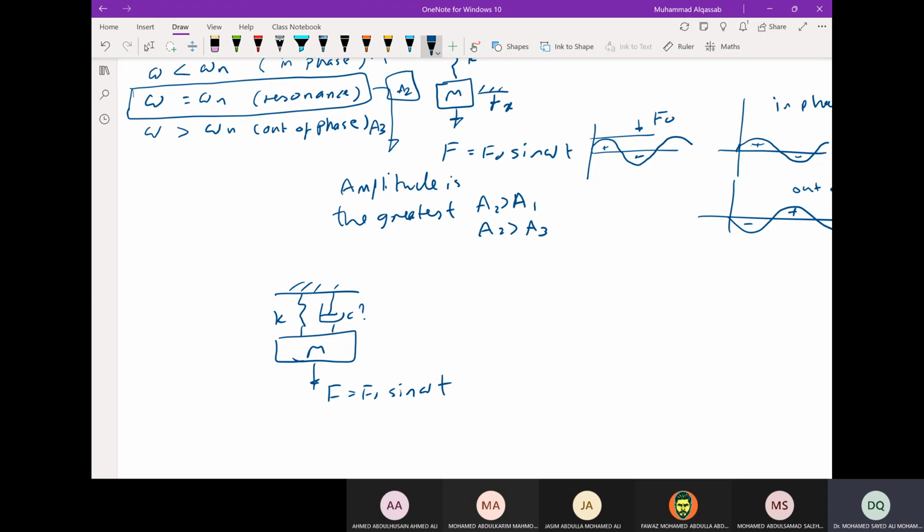This is one way, and this is called a damper. The other way: here we have K and M, and we will add another spring and another mass, which we call K2, M2. And there is a force F of T applied here. This is called an absorber.